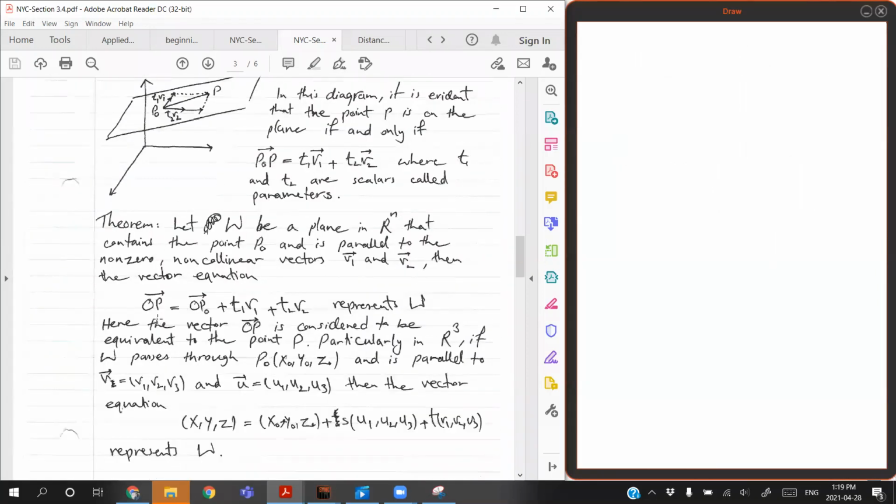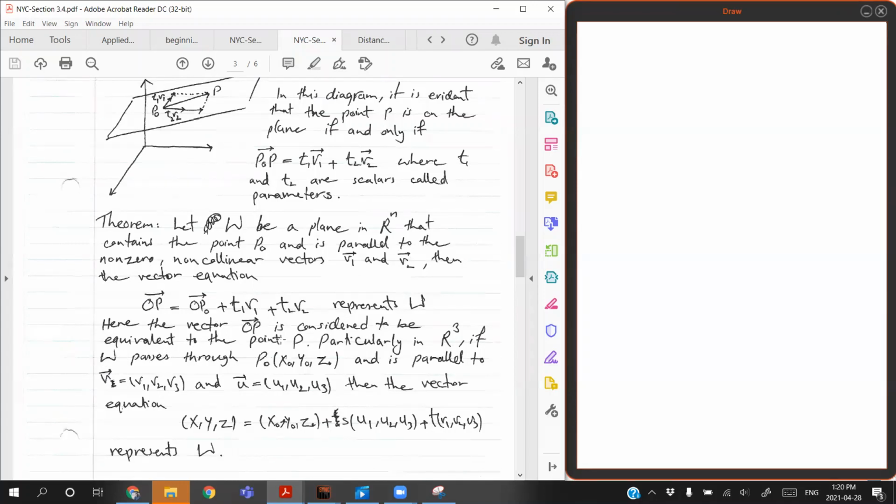So we have this theorem here. Let W be a plane in Rn that contains the point P0 and is parallel to the non-zero, non-collinear vectors V1 and V2. Then this equation, OP equals OP0 plus t1 V1 plus t2 V2, represents W, the plane.